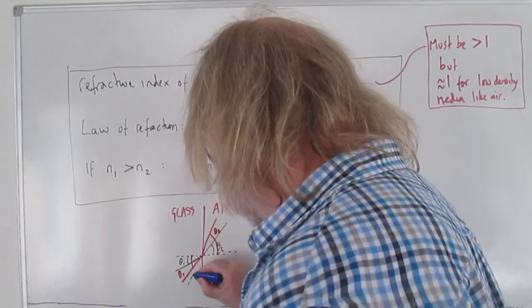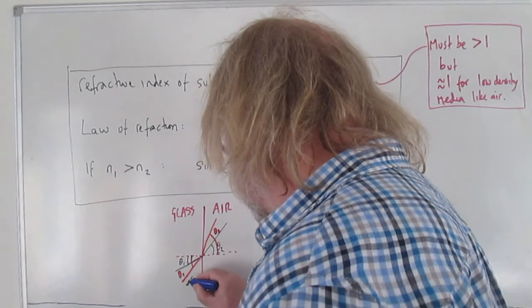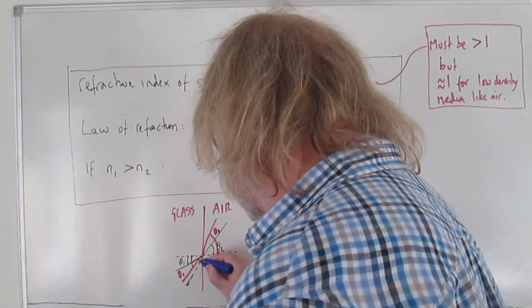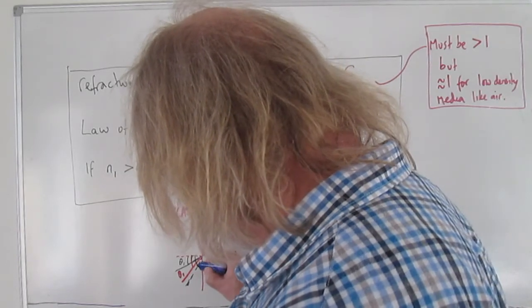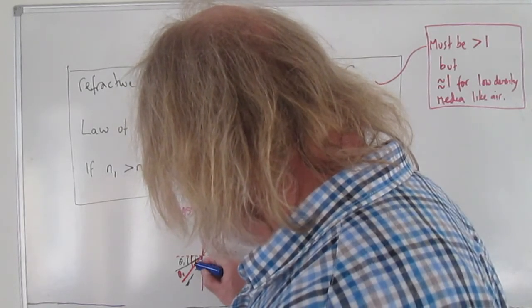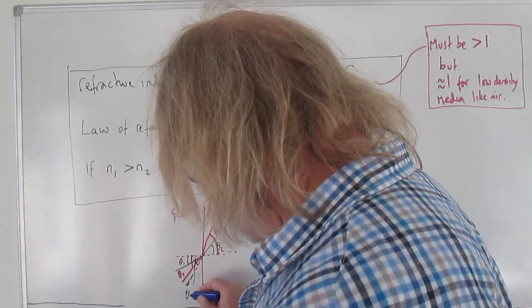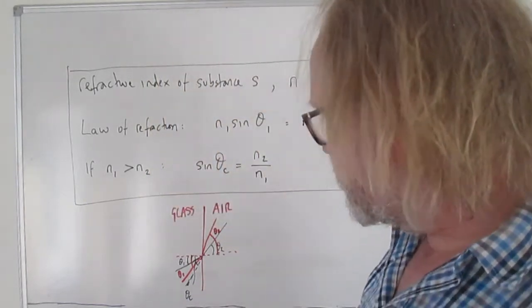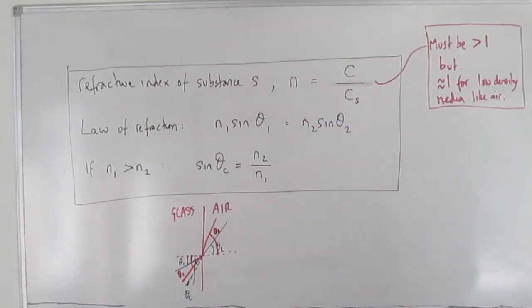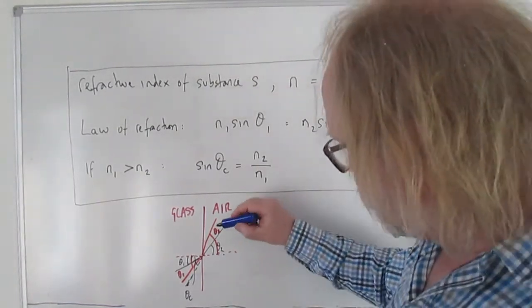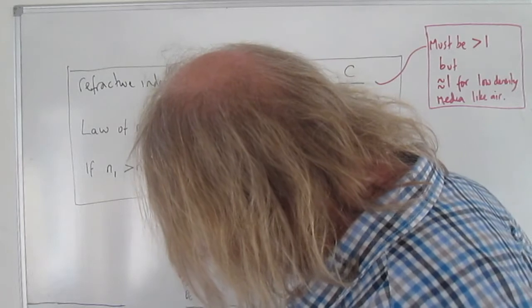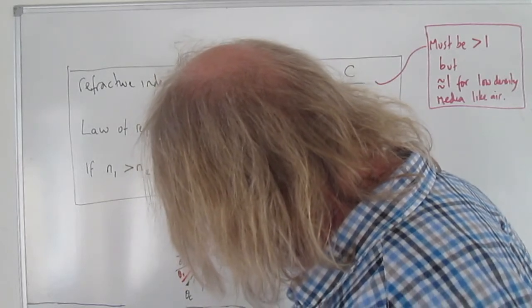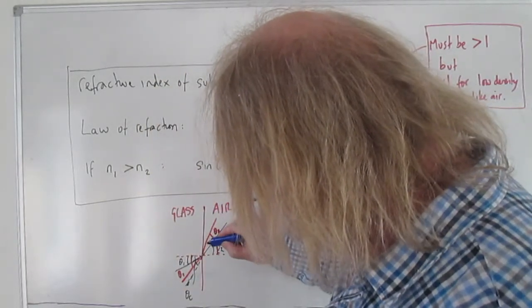We're going to get a ray coming in like this, where this is now our biggest value of θ1, which we're going to call θc, the critical angle.